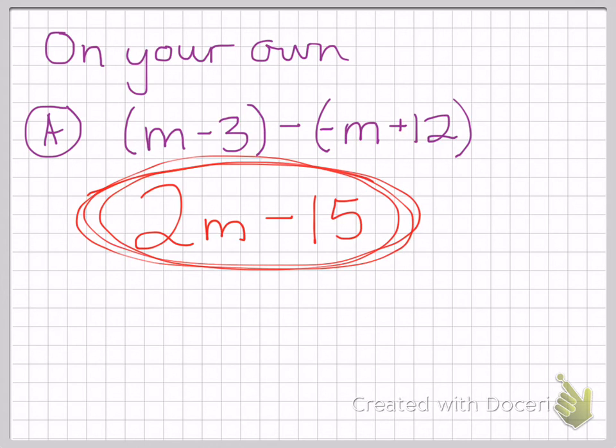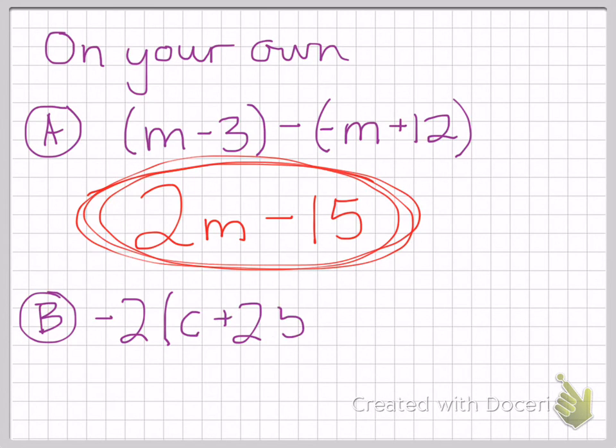Awesome. Okay, now let's go ahead and do B. I challenge you. B. Negative 2 times c plus 2.5 minus 5, 1.2c plus 4. Let me make that decimal a little larger.